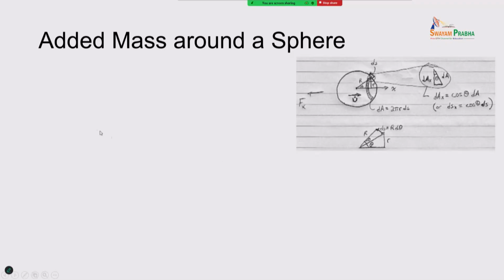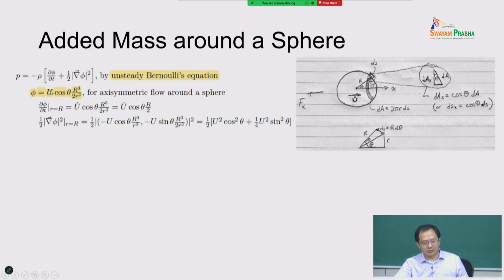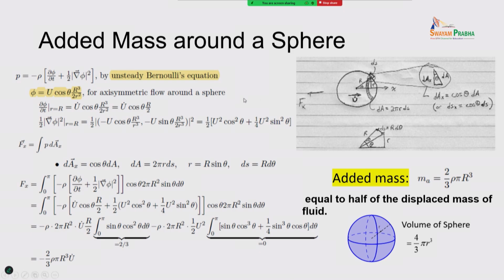How about three dimensions? Like you have a ball in the water, and similarly you use potential flow and a velocity potential function. With the unsteady Bernoulli equation, plug all these parameters in, and you can calculate the added mass of the ball in the water. This is interesting, and different from the cylinder case.